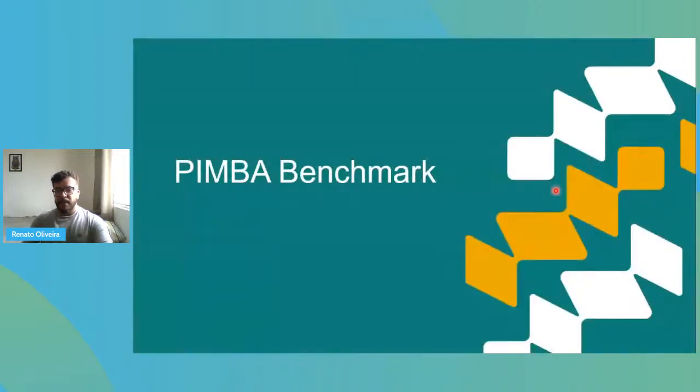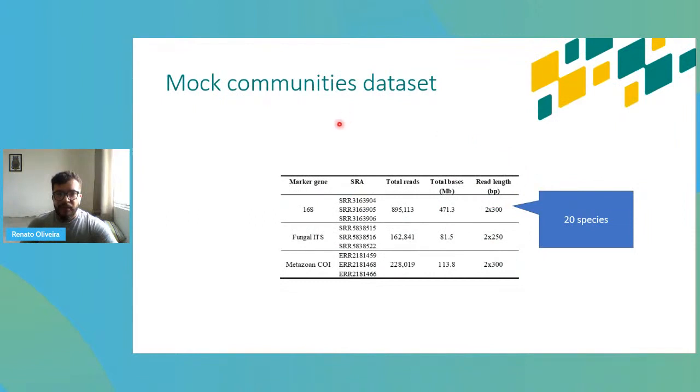To validate Pimba, we benchmarked with 3 mock community datasets. The first dataset was for bacterial 16S, comprising 20 species in triplicates. The second dataset that we used was for fungal ITS, comprising 19 species.